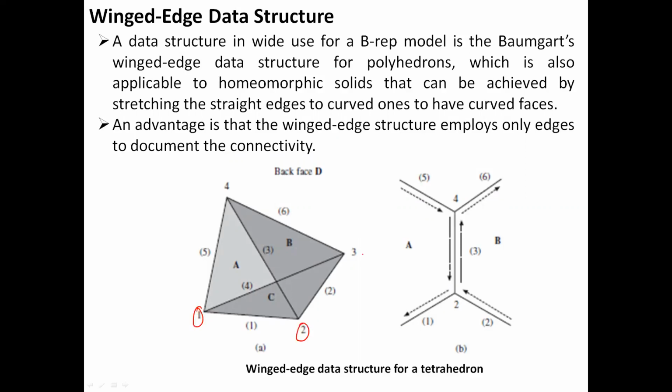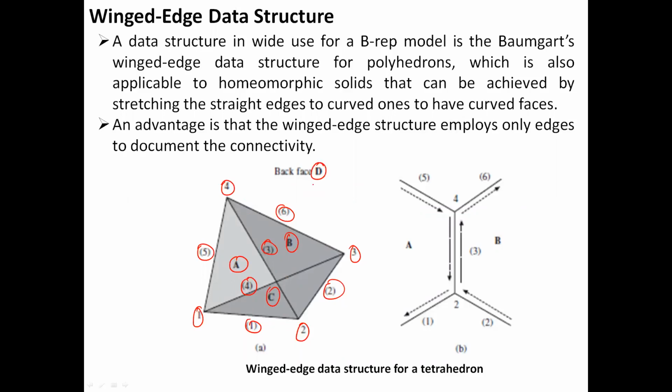Again, we are taking the vertices. These are the four vertices. These are the edges. The bracketed ones are the edges. But over here, you have got additional information regarding the facets. And there is another facet at the back end, that is D.